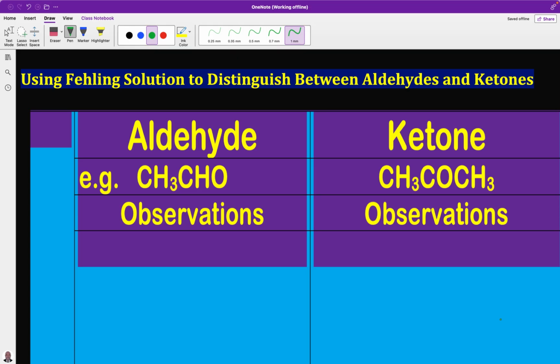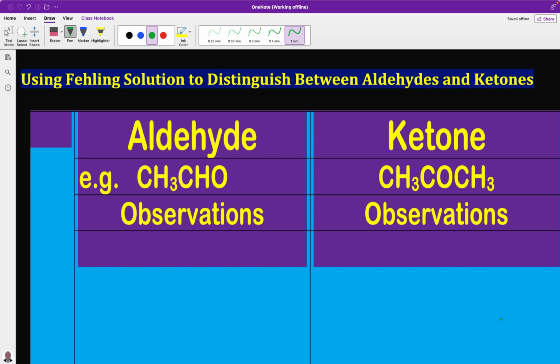A Fehling solution is a complex containing a copper 2 ion. When a few drops of Fehling solution are added to 2 test tubes containing aldehyde and ketone, for instance, ethanol and propanone, the mixture is warmed gently in a water bath for a few minutes.